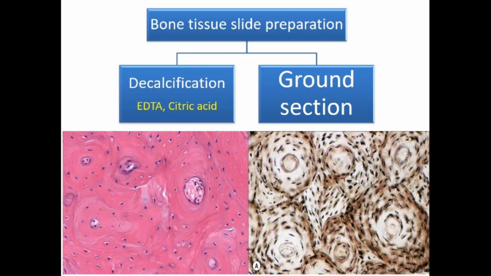By polishing, we prepare a very thin layer of tissue without staining, without any fixation or other routine preparation, and see under the microscope a view like this. You can see the Haversian systems, cells, and even canaliculi and other components within the bone.